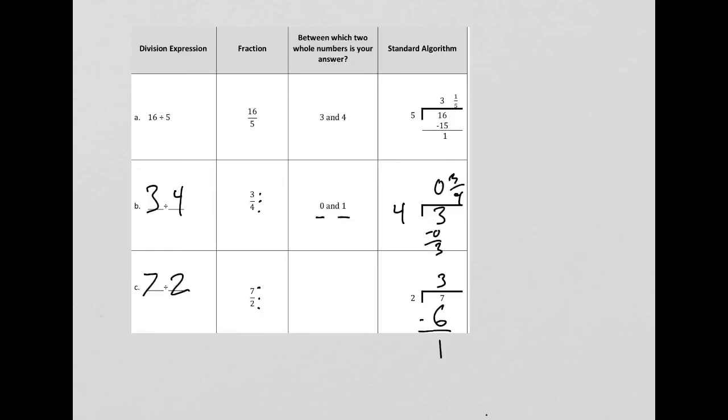So we're going to have 3 1/2. Remember, it's our remainder piece over our divisor, because we broke it up into halves. So if I'm thinking about where 3 1/2 will fall on a number line, between which 2 whole numbers will it fall? It'll fall between 3 and 4.